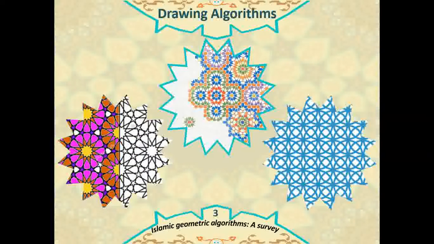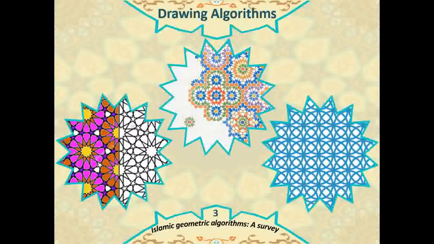Since there are different methods for drawing IGPs, they can be classified. Three methods for IGP drawing are provided. Two of them are based on traditional methods, and the other one is based on the shape grammar formalism.